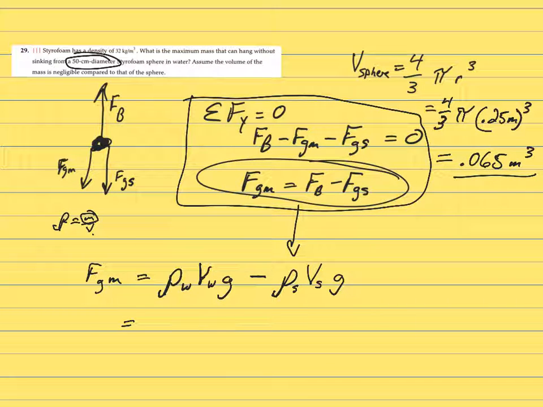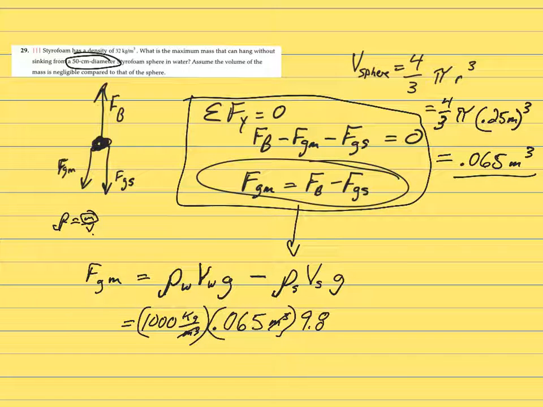Density of water is 1,000 kg per m cubed. I'm going to multiply that times the volume of the water. The volume of the water is exactly the same as the volume of the sphere because it will displace that since it's submerged. So 0.065 meters cubed, right? And then gravity is 9.8 meters per second squared.